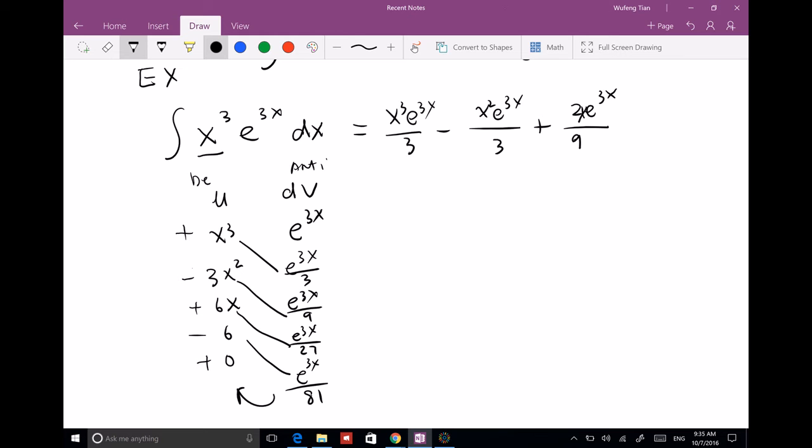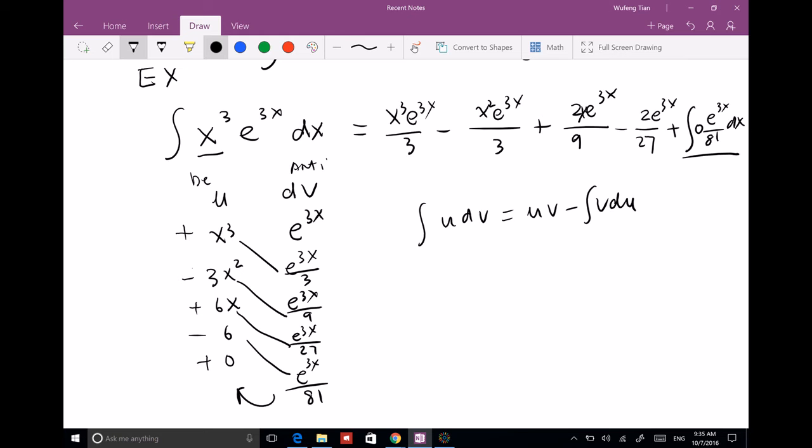Okay, and then the minus 6 over 81, 2 cancel out, so it's 2 over 81 divided by 3, 27 e to 3x. And then we do have a plus 0 times e to 3x over 81 dx. This is the last one. If you do the u dv, it will equal uv minus the integral of v du, right?